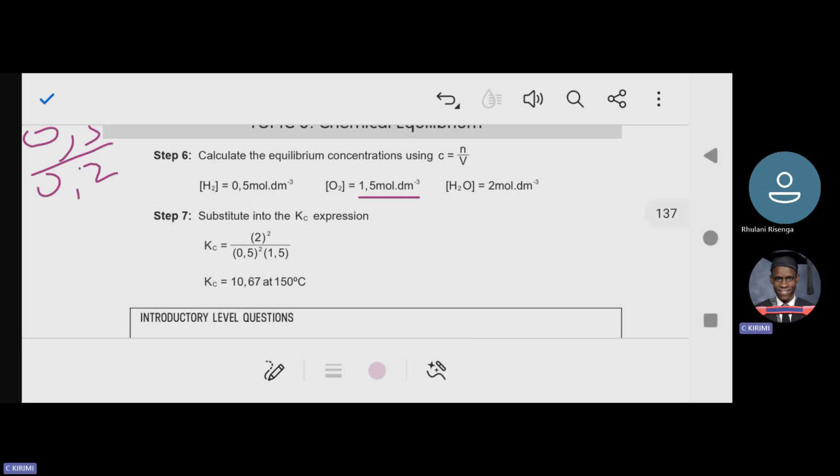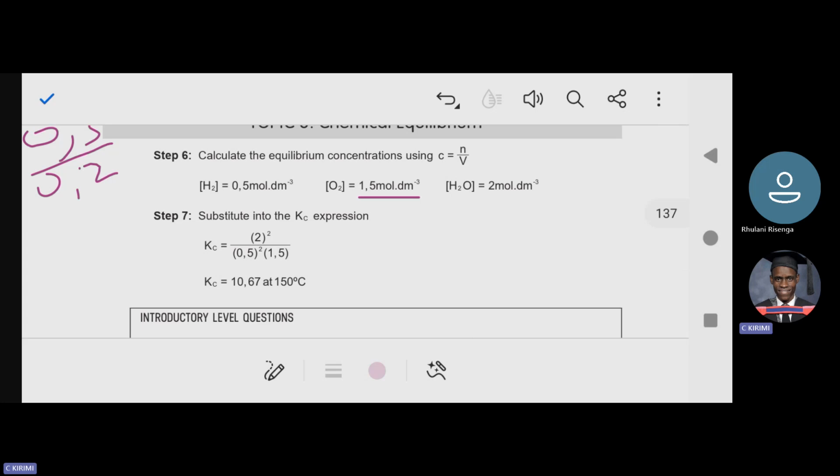So they substitute into the Kc, the equilibrium constant. So what does the Kc say? The concentration of what over the concentration of what? Concentration of products over concentration of reactants.